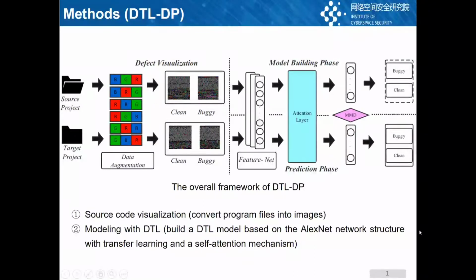In the first stage, we use a visualization method to convert program files into images. In the second stage, we built a DTL model based on AlexNet with transfer learning and a self-attention mechanism to construct an end-to-end defect prediction framework. We use that framework to predict whether a new instance file will be defective or not.